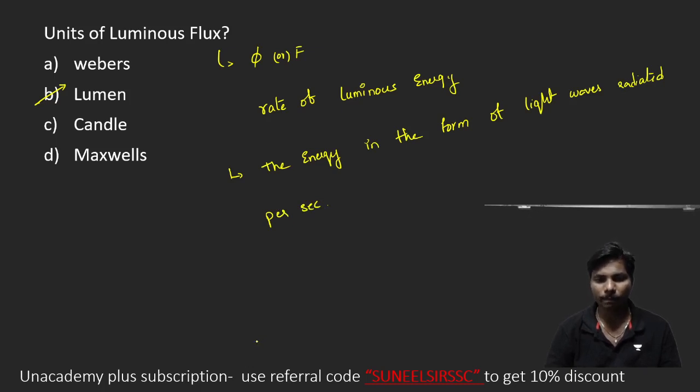Energy per second means rate, so luminous energy by time is the flux phi. So the units are lumens.